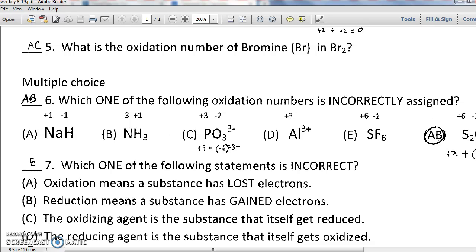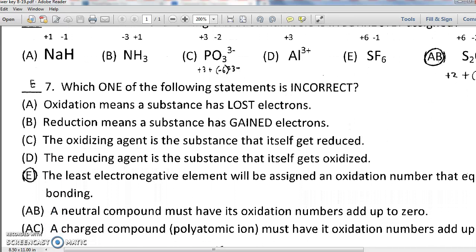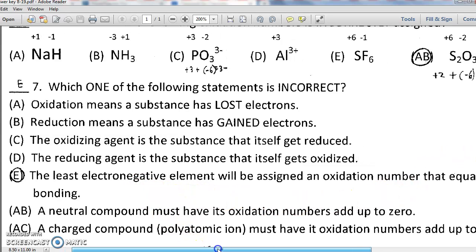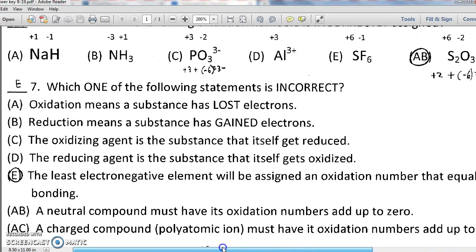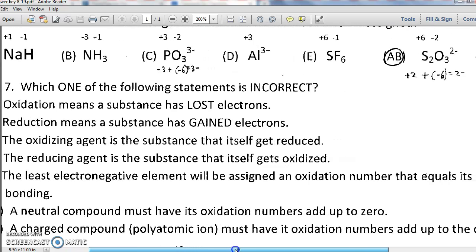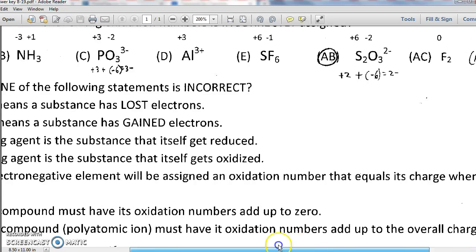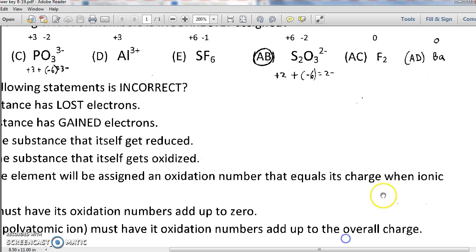Number 7. Which one of the statements is incorrect? Look at letter E here. The least electronegative element will be assigned an oxidation number equal to its charge when ionic bonding. No. The most electronegative element automatically gets the charge it would acquire when it was forming an ionic bond.